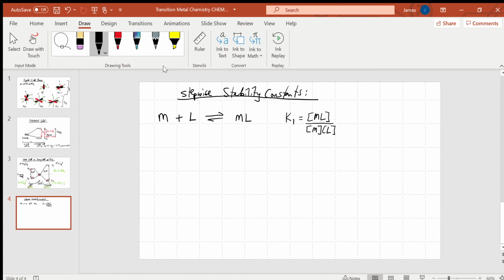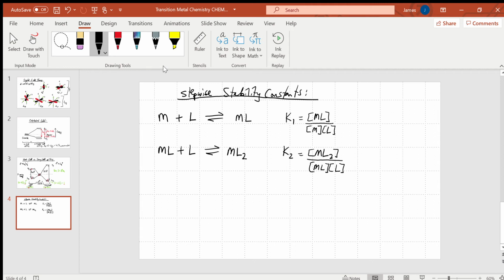We could then go on and have the original product add a second ligand, and that would give us the metal with 2 ligands, a different species. Therefore, it would need a different equilibrium constant, and that could be represented as ML2 over ML and L.